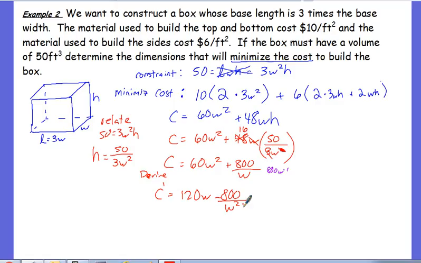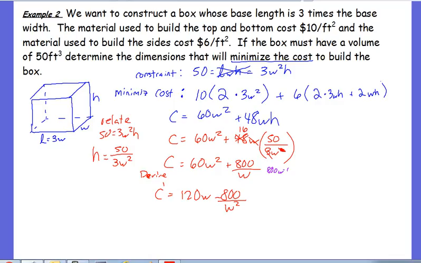So, negative 1 times 800 is the negative 800. And then I would subtract 1, which would be negative 2. But then move it back to the bottom, make it positive by moving it back to the bottom. You with me? Okay, so that is my derivative. I can actually simplify this even more because what's the problem here? What are they trying to do?